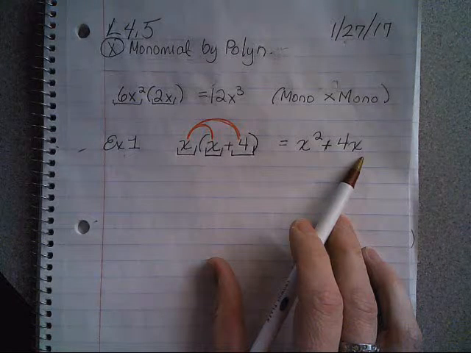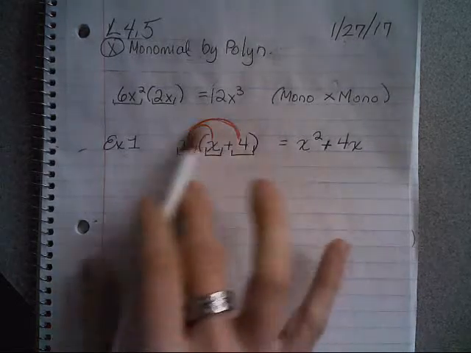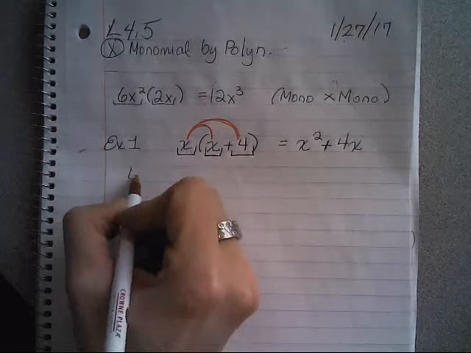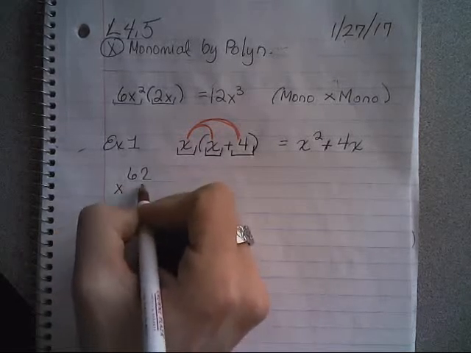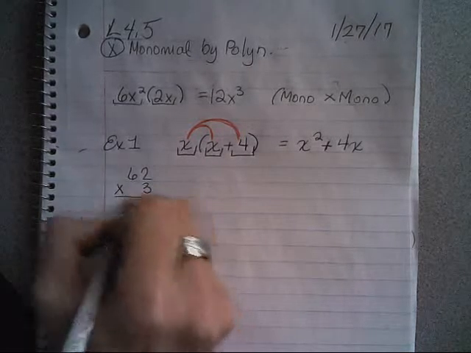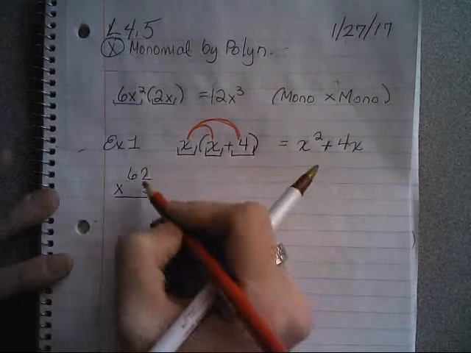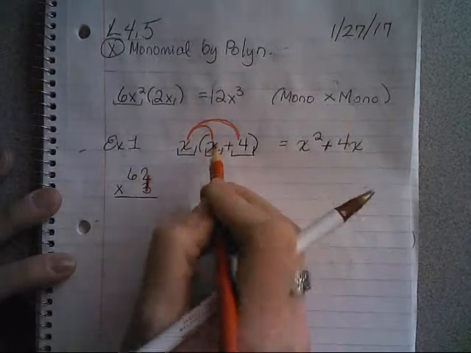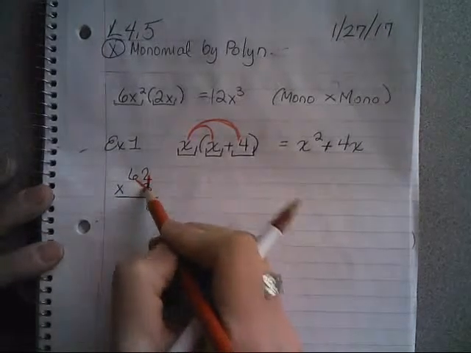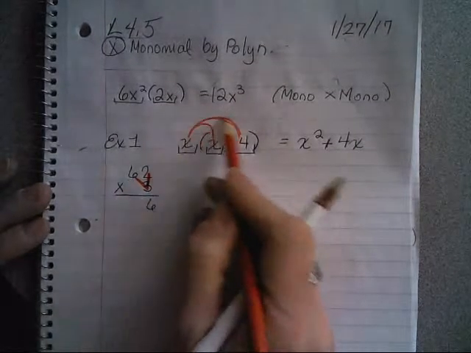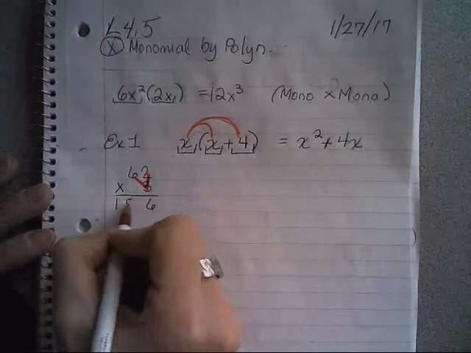These cannot be combined. You've done this when you've multiplied, take for example the number 62 by 3. You multiply the 3 by the 2, just like the x by the x. And you multiply the 3 by the 6, just like the x by the 4.